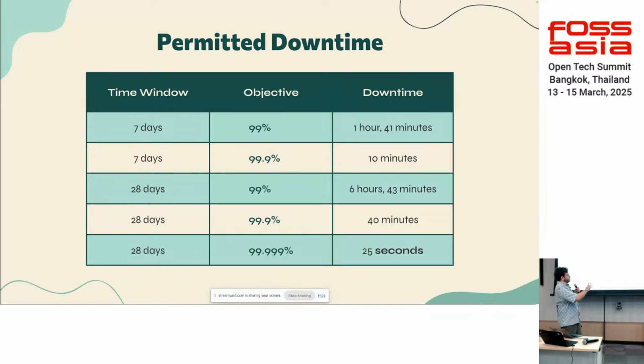The point here is to be realistic about what we can deliver, we should be realistic about what our customer expectations are too. 10 minutes of downtime for an e-commerce application might be really, really bad, but 10 minutes of downtime for an internal developer platform might be okay. So you need to think within your organization, within your team about what's a realistic expectation of quality.